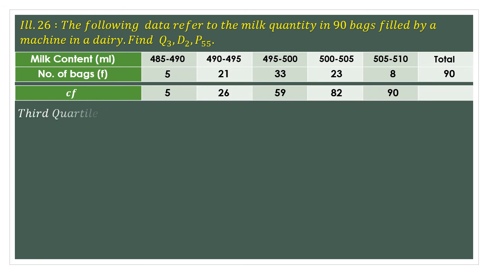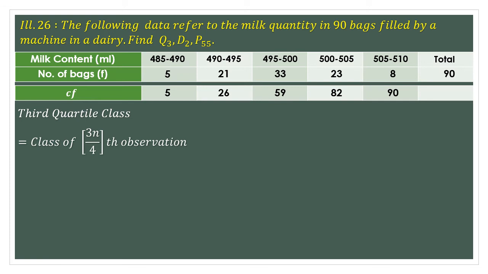Let us start with the third quartile class. Just like any continuous distribution for median, we have to start by calculating the class because we can't get the value directly. We don't have a variable here, we have the classes. So we have to start by determining the class here. The third quartile class will be very similar to the regular calculation. The class of 3n upon 4.